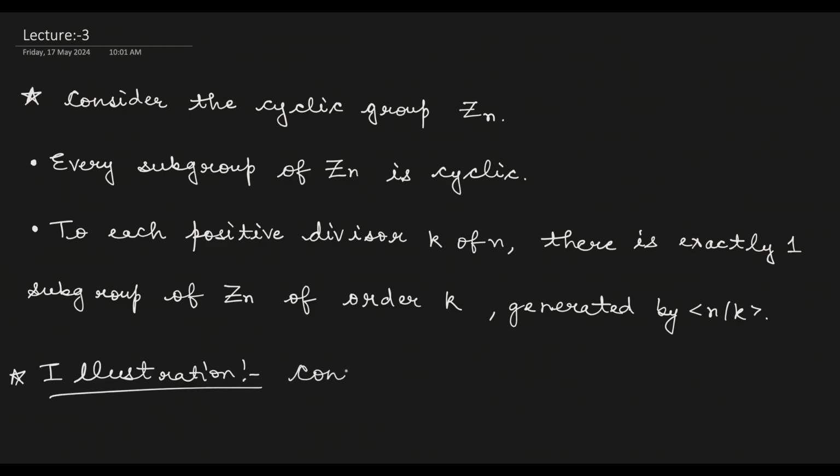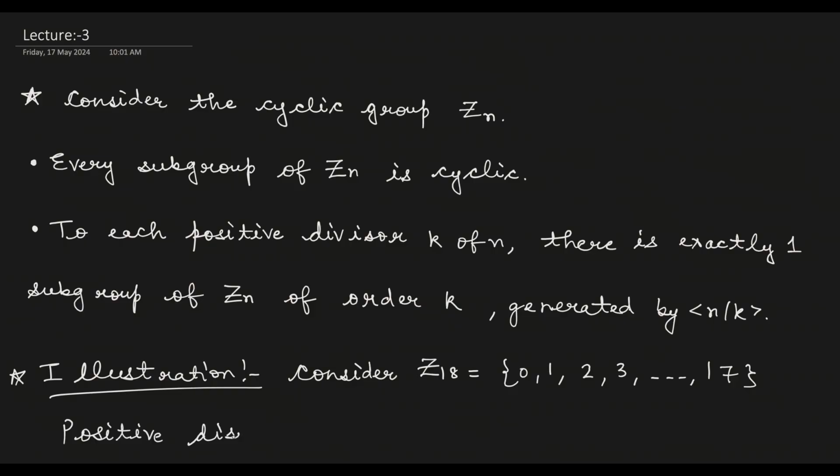Consider Z18: 0, 1, 2, 3, and so on till 17. Now here, the positive divisors of Z18 are 1, 2, 3, 6, 9, 18.